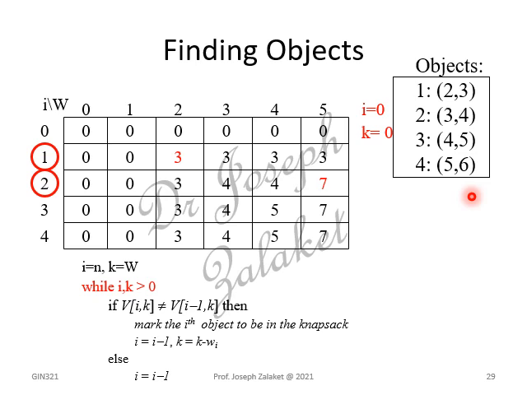Also, i is decremented, so the work is done, and these are the objects to be included inside the knapsack. We have the objects which are 1 and 2. Those objects have to be included.